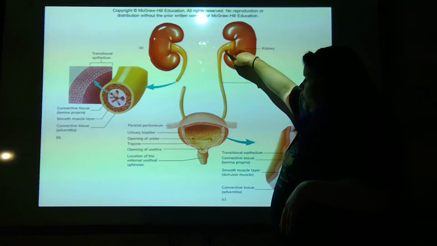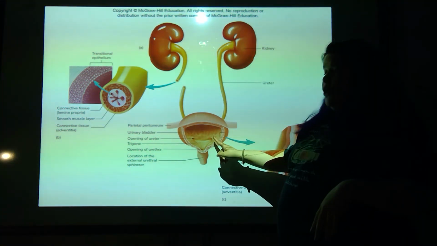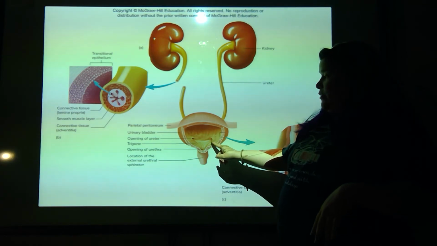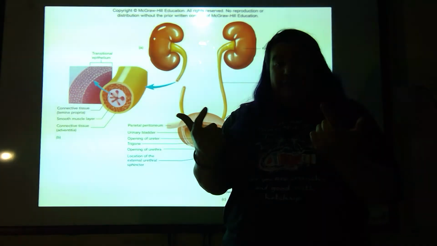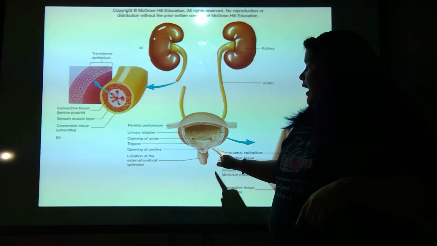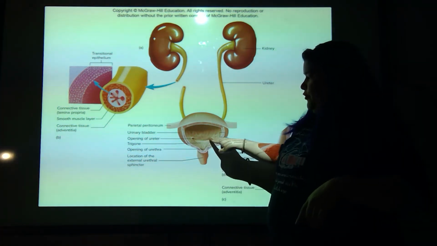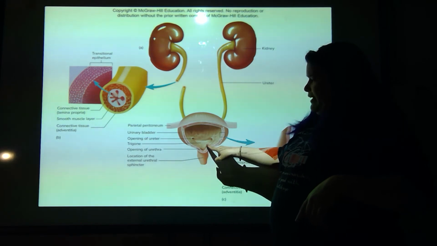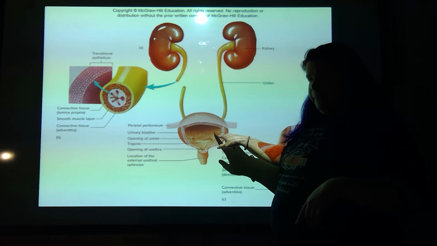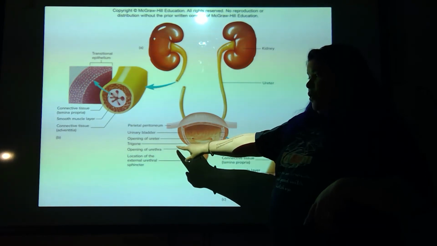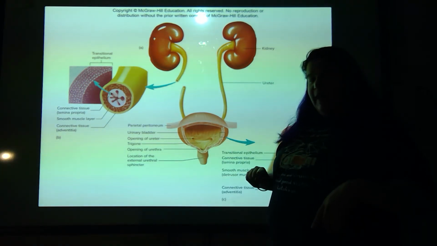So these ureters, like I said, go into the bladder. The bladder entrance, like I said, is kind of in the back, okay? I want you to notice that the ureter's entrance, that tissue right there, looks very different than the rest of it out here. This area is called the trigone, okay?